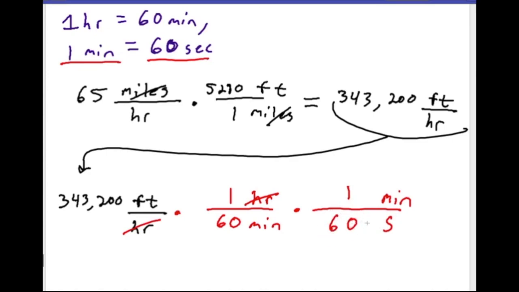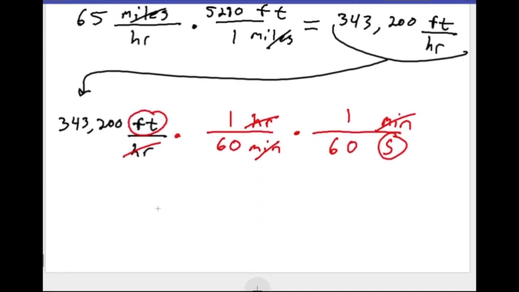So 1 over 60. Now minutes cancel out. Therefore, we're just left with feet over seconds. Go ahead and do the math, and we find out that 343,200 times 1 over 60 times 1 over 60 should give us 95 feet per second.